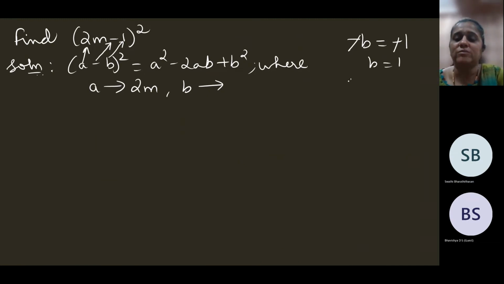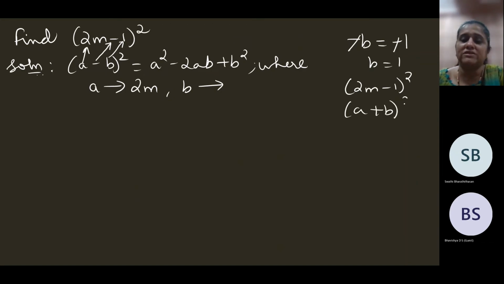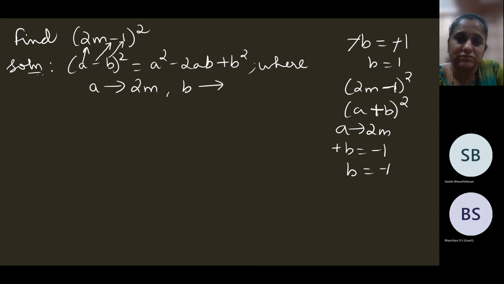Supposing you're comparing this with (a + b)², then a is equal to 2m, and plus b is equal to minus 1. In that case, b is equal to minus 1. Is that fine, Swati?